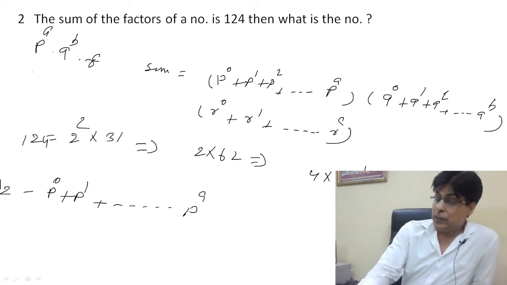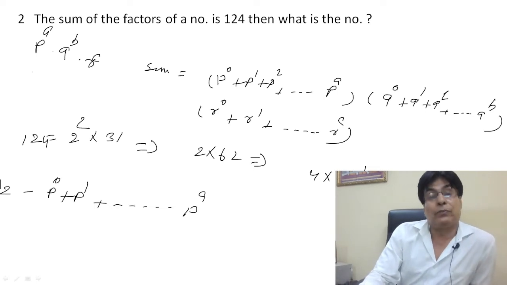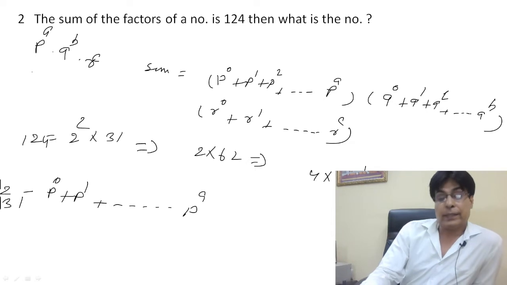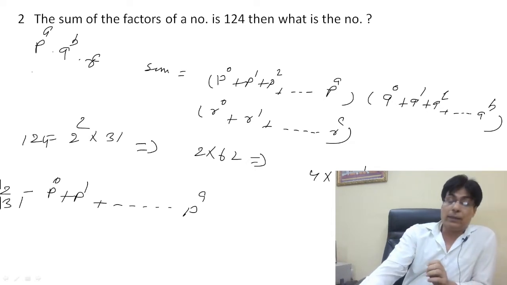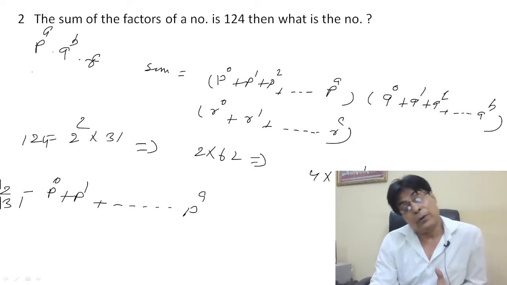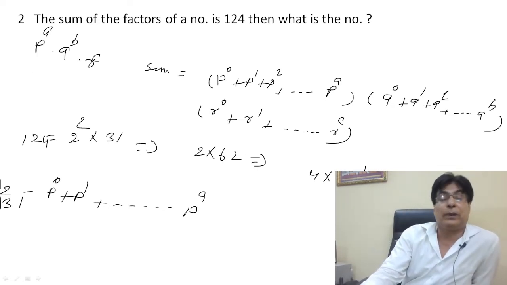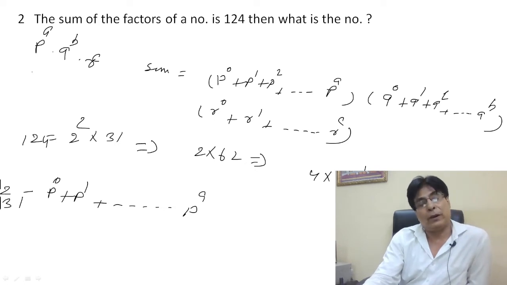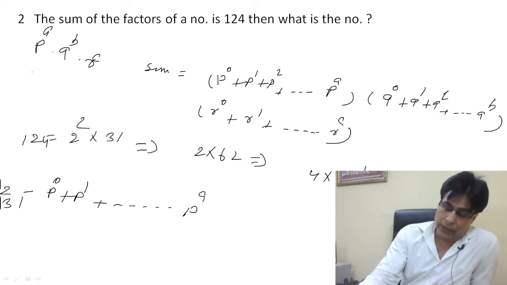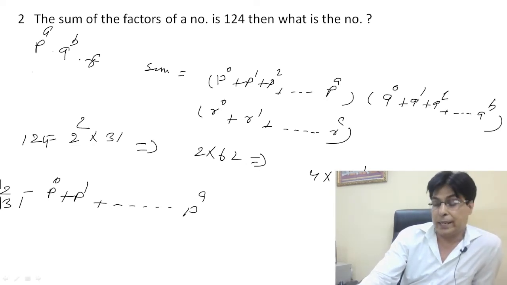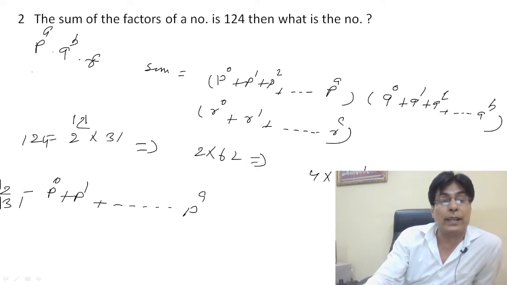But take 4 into 31. 4 also cannot be written as 1 plus p^1 plus p^2 up to higher powers, but when p is 3, then 1 plus 3 is equal to 4.